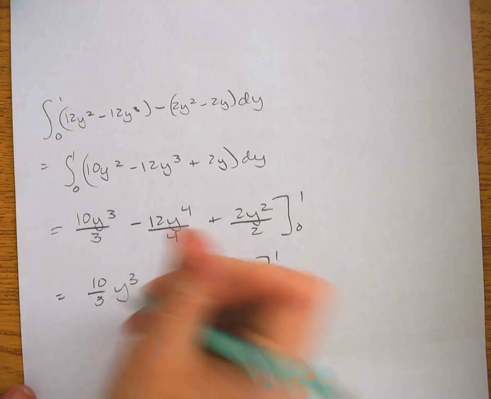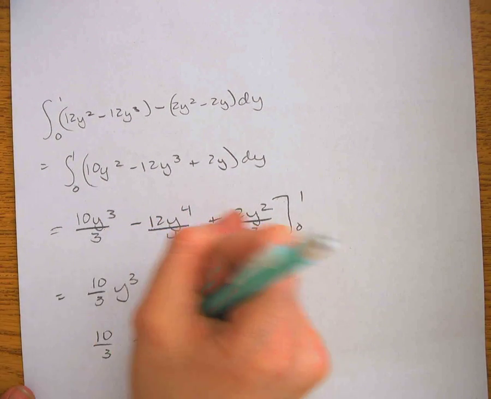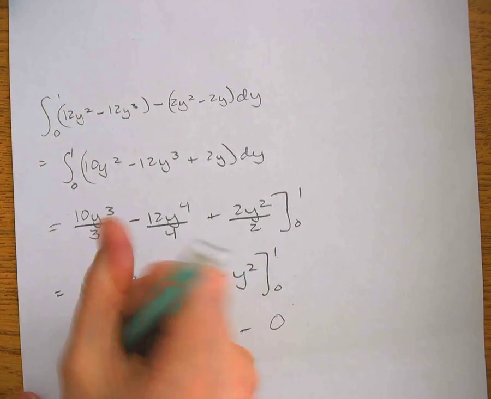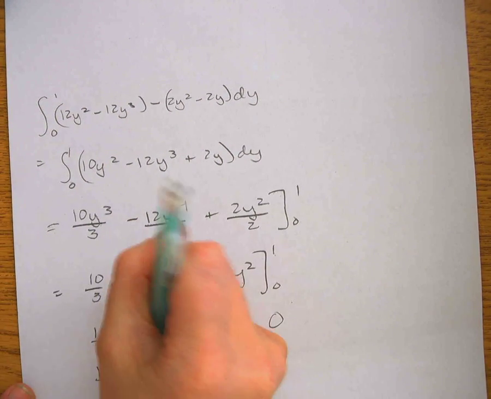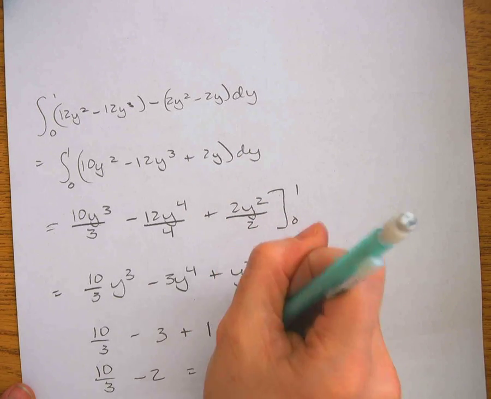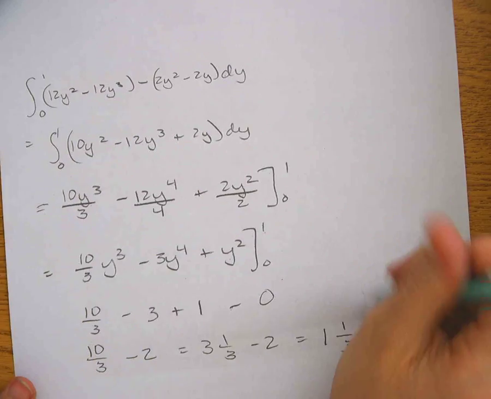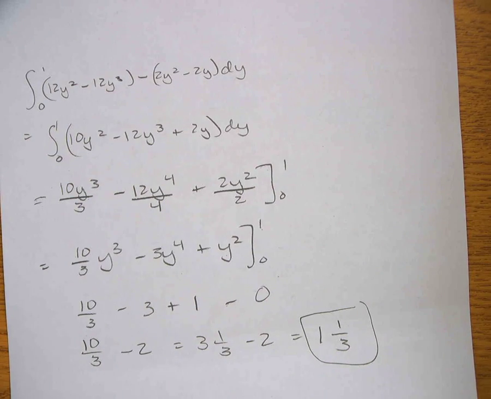So we'll plug 1 in there, and we'll get 10/3 minus 3 plus 1, and then minus 0, basically. So that's 10/3 minus 2, which is 3 1/3 minus 2, which is 1 1/3. So that is the area between those two curves.